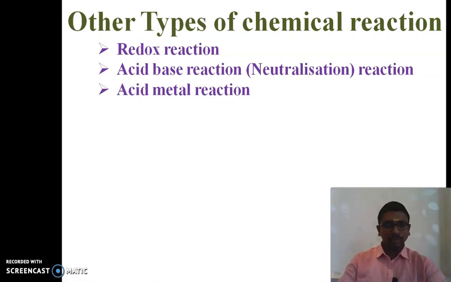For example, take the metal sodium, which is highly reactive. When sodium metal reacts with hydrochloric acid, HCl, it forms NaCl plus hydrogen gas is liberated. That is known as acid metal reaction.